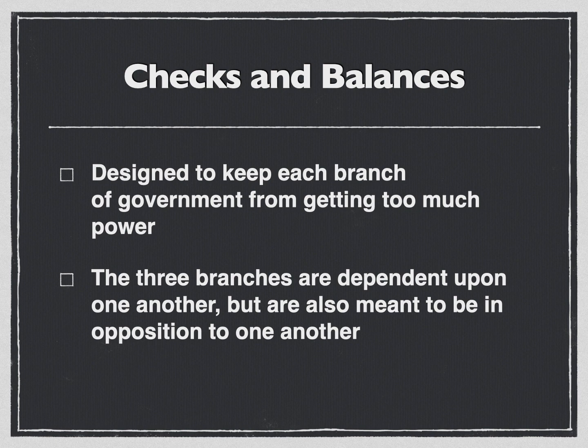That's how they were created, is to be dependent upon one another. But they're also deliberately meant to be in opposition to one another. That was a key early idea when our country was founded. If the 3 branches of government are in a little bit of opposition to each other, keep some friction going, it means that they will check the power of one another.